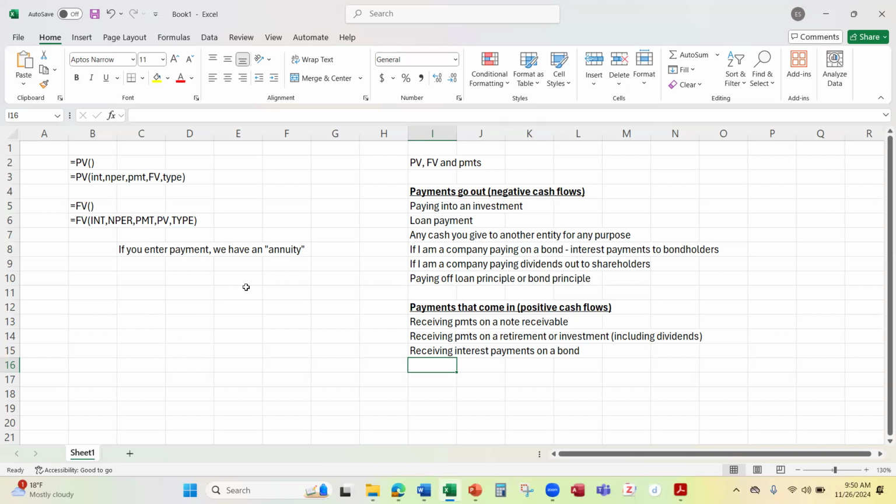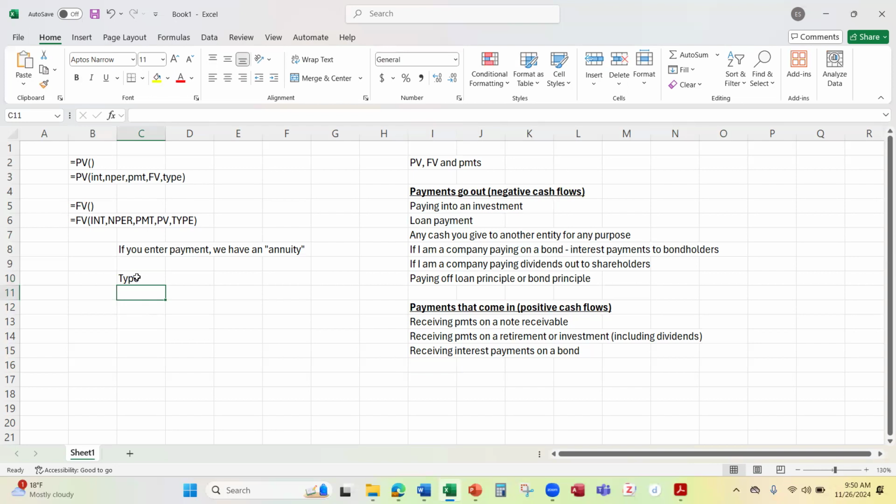So looking also at the type, when I talked about these formulas originally, I said we're pretty much always going to put a 0 in the type. For the type, what they want to know is when payments and compounding are occurring.